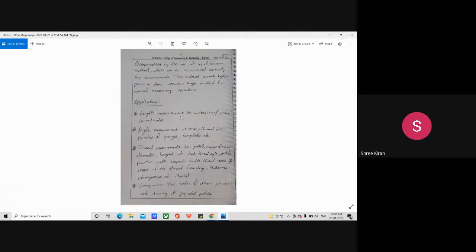Then also the comparison between the center and the drawn patterns and drawing of the projected profile. All these factors come in the case of optical measurements.